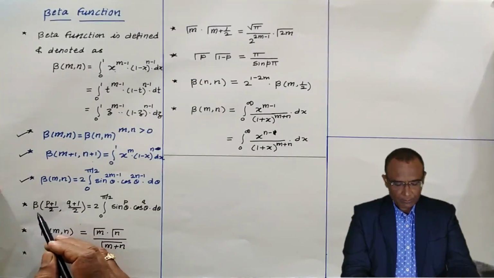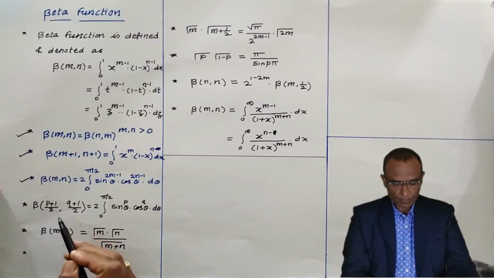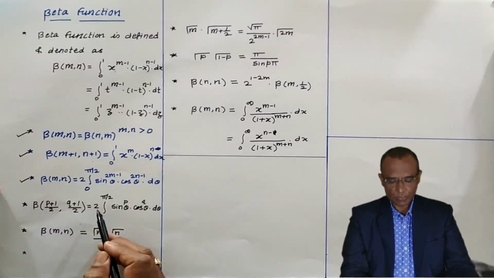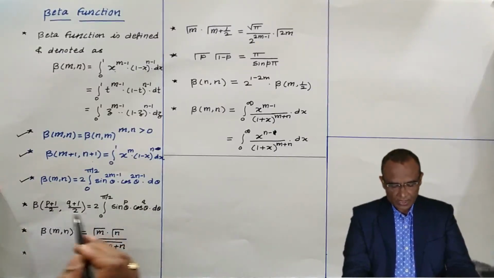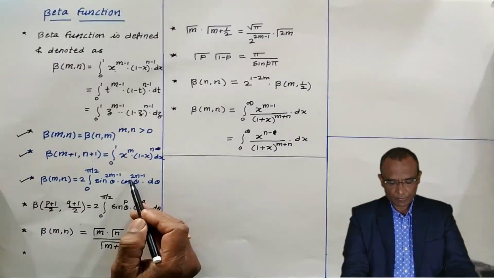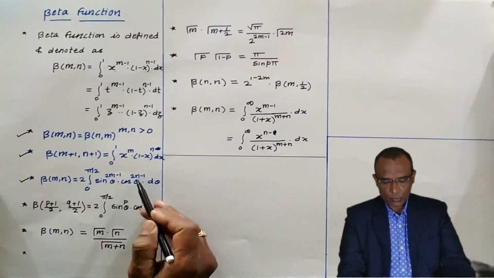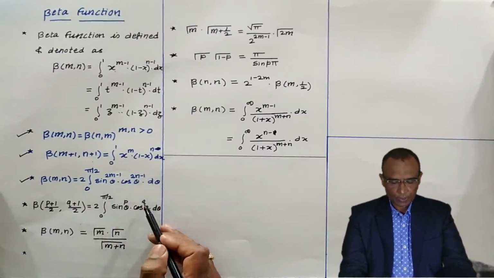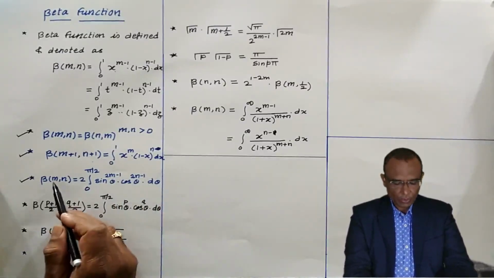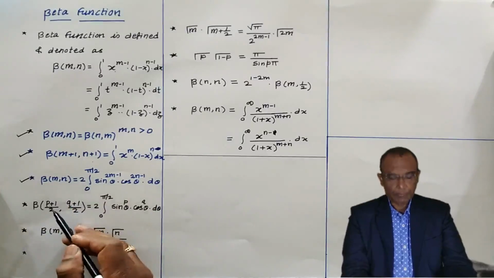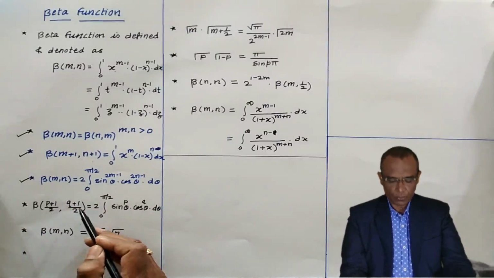Then beta((p+1)/2,(q+1)/2) equals 2 times this integral, and this can be obtained from this one. Replace 2m-1 by p, and 2n-1 by q, then the values of m and n will be (p+1)/2 and (q+1)/2 respectively.